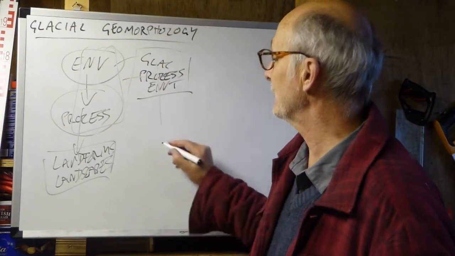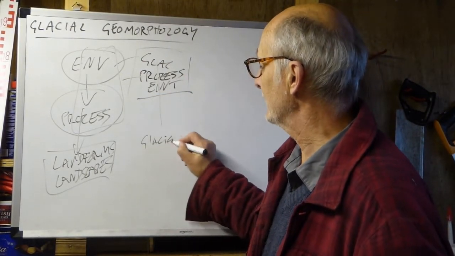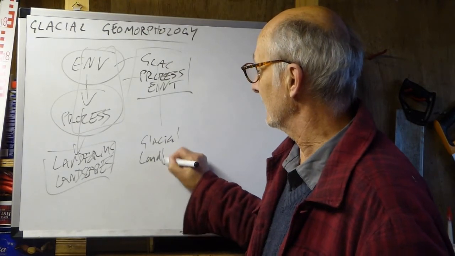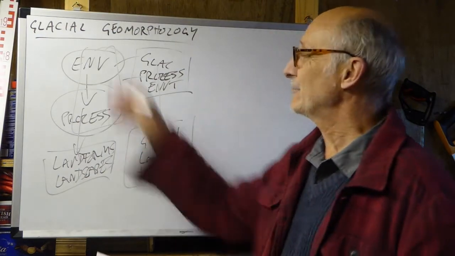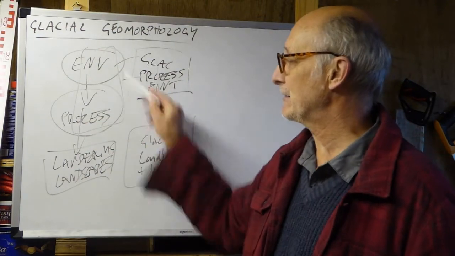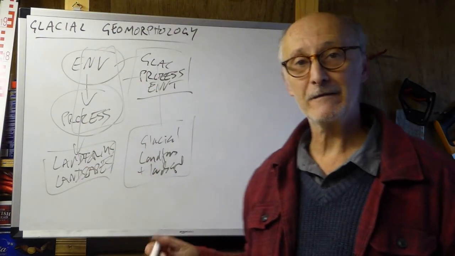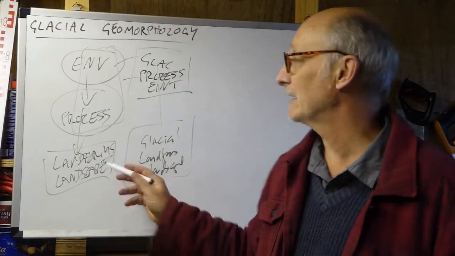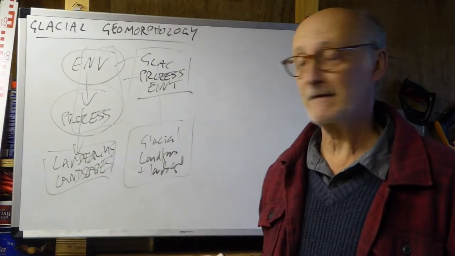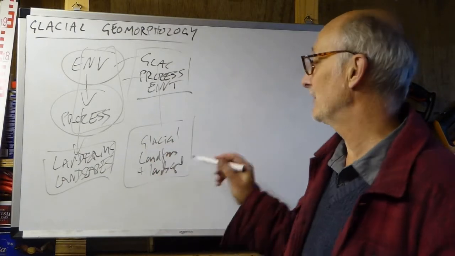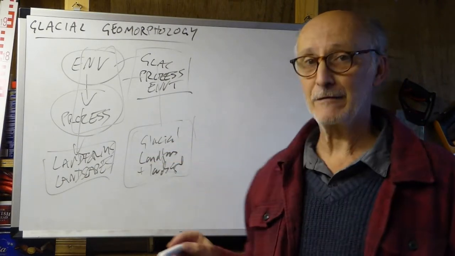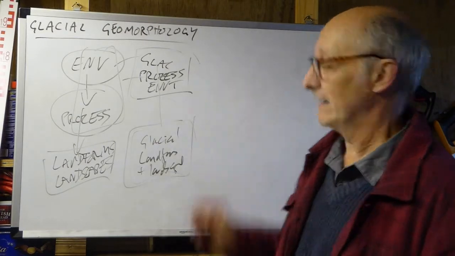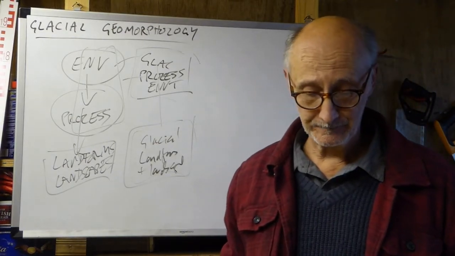So a glacial process environment gives us a set of glacial landforms and landscapes. So that's what geomorphology is all about, the process environment giving us an associated set of landforms and landscapes that change over time, partly in response to changes in that environment. Glacial geomorphology is that in a glacial context, so glacial landforms and landscapes deriving from a glacial process environment.